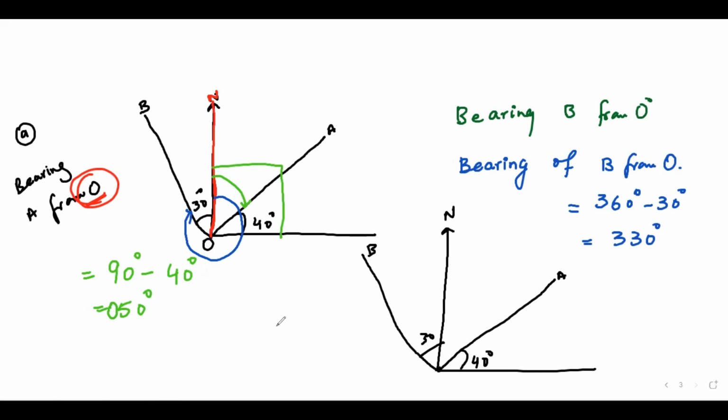I am writing here, find the bearing of O from A. After the word from, whatever point is there, your north should be at that point. My north is here at O, but this time I have to change my north. I will draw the north at A. This is my north now.